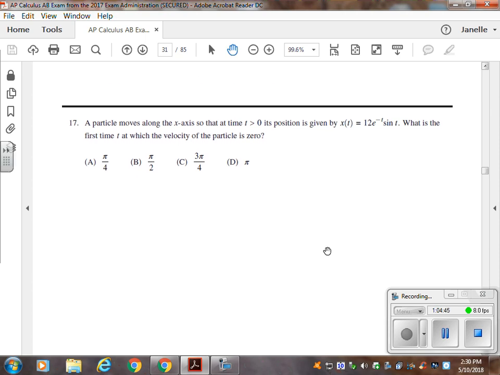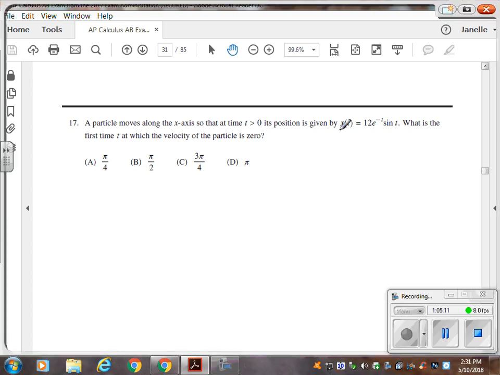In question number 17, you are given a particle moving along the x-axis, which means it's moving at some kind of velocity. And they gave you the x, and this is what is so important. This is position. X is how far it's moved, just like s of x, t is position. We want to know the velocity, so to get velocity, you always have to do what? The derivative.